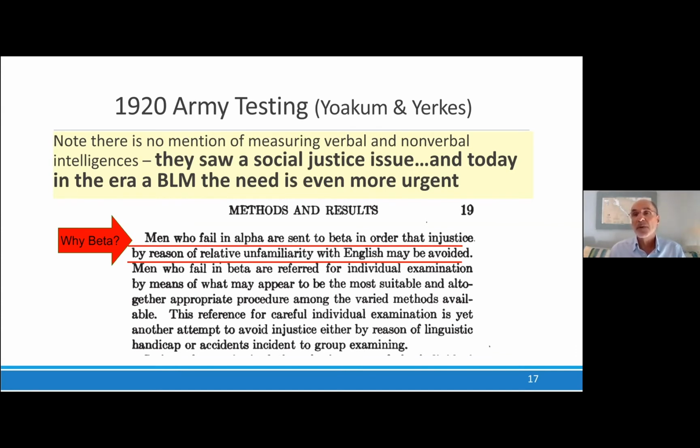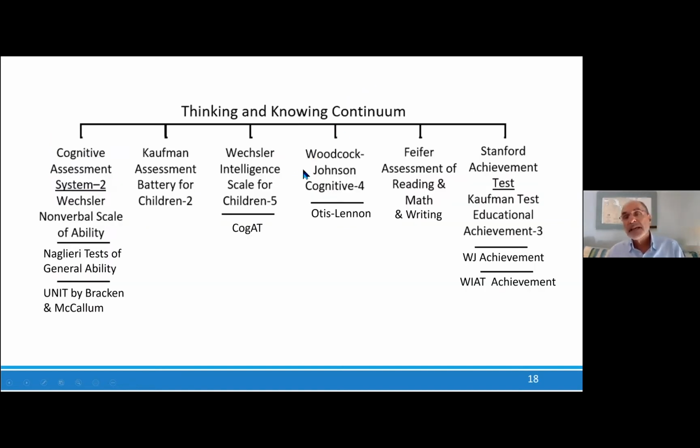Alan Kaufman was my teacher at the University of Georgia. He was the first one who said the verbal side of the WISC could also be considered an achievement test. And he was right. The tests that we have are kind of on a continuum.